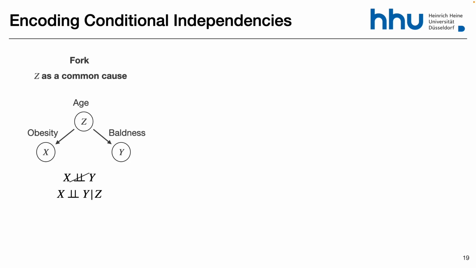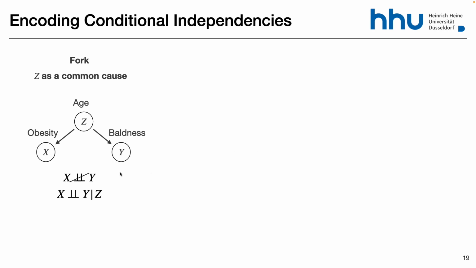So you see some association, but then you explain this away by conditioning on age. And then you say that, okay, people that are of an older age become more obese and maybe more bald. I don't know. Could have sex here to help. Anyways, there is a way to explain away the dependencies. So there is a flow of information.